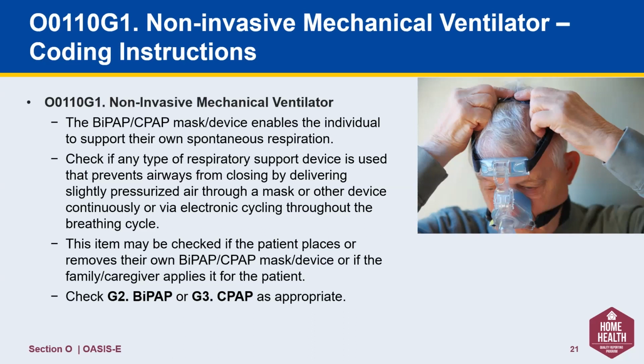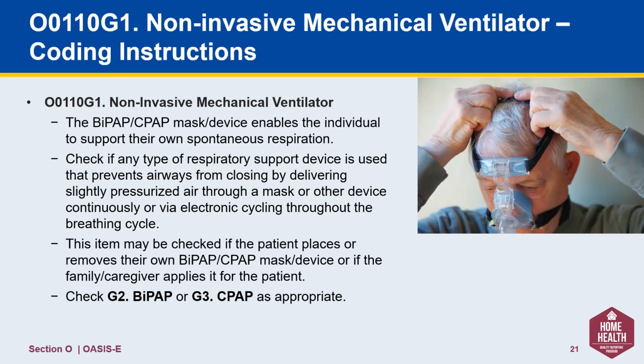O0110G1, non-invasive mechanical ventilator. This is for the BiPAP CPAP mask device, which enables an individual to support their own spontaneous respiration. You would check this if any type of respiratory support device is used that prevents airways from closing by delivering slightly pressurized air through a mask or other device continuously or via electronic cycling throughout the breathing cycle.